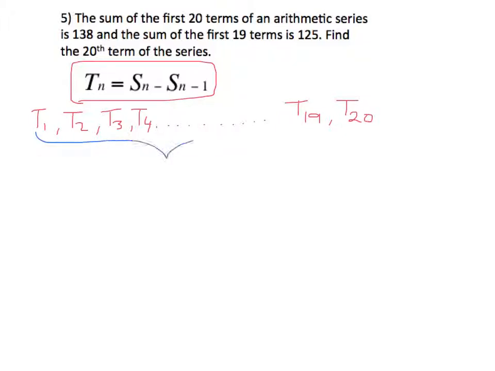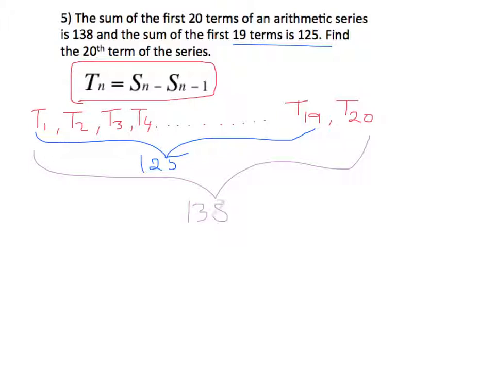Now, the sum of the first 19 terms, it says, is 125. And then it said the sum of the first 20 terms, so from there to there, is 138. Find the 20th term of the series. So this question is asking us to find T20. What is this 20th term? Well, you can see from this diagram here that the sum of the first 20 terms is 138, the sum of the first 19 terms is 125.